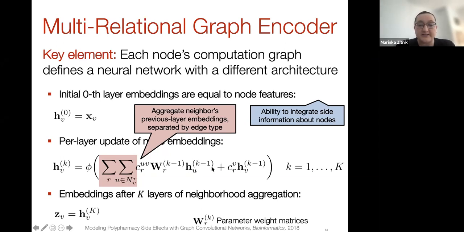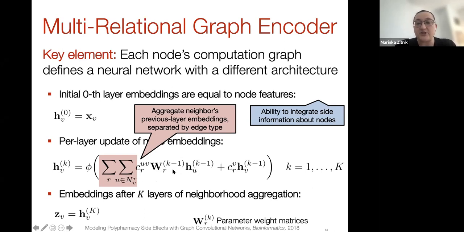And those messages are then aggregated through a trainable weight matrix W, where there is a specific W matrix for each edge type. The result is the aggregated information that arrives at node V from the immediate neighbors in the graph.